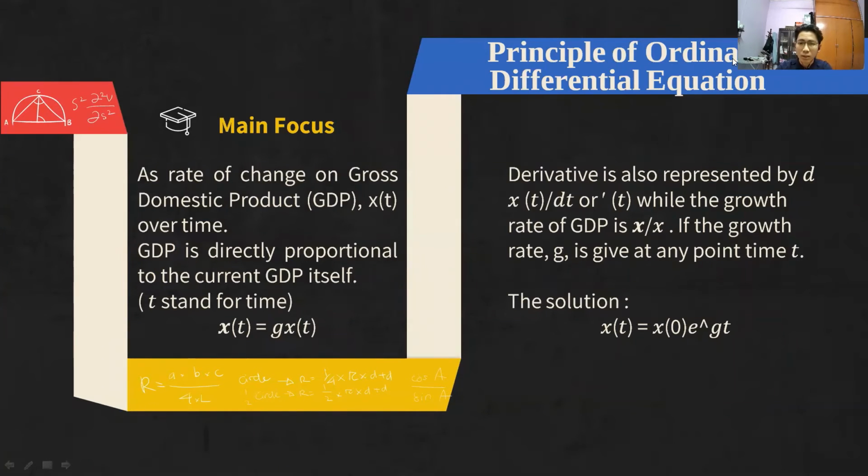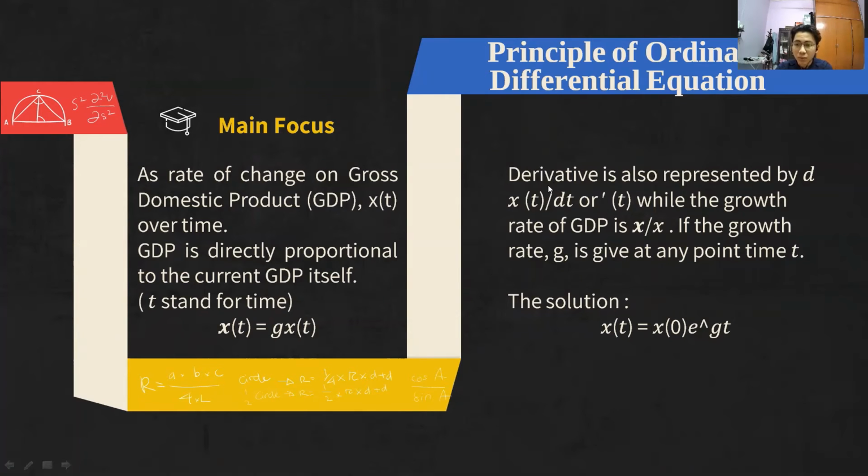Principle of ordinary differential equations. As a rate of change of gross domestic product (GDP) x(t) over time, GDP is directly proportional to the current GDP itself, where t stands for time. x'(t) equals g x(t). Bold X is equal to current GDP, and x is the previous GDP.